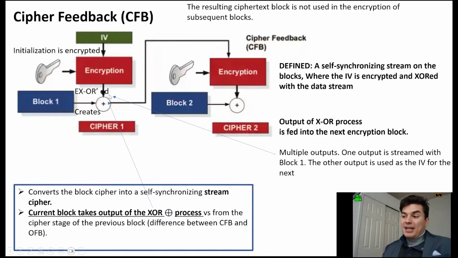For the other output, they're going to take a portion of that XOR process, and that's fed into the next block, used as the initialization vector, which then gets encrypted and then streamed with block 2, and that process goes on forever. So what you really need to know about cipher feedback is that it's a self-synchronizing stream cipher, and it takes the current block output of the XOR process and uses that as the initialization vector. The definition would be a self-synchronizing stream on the blocks where the initialization vector is encrypted and XORed with the data stream.